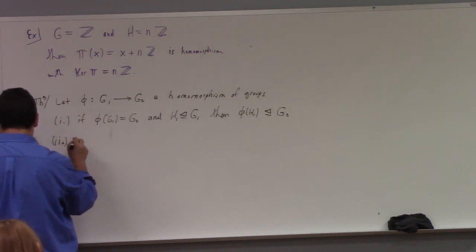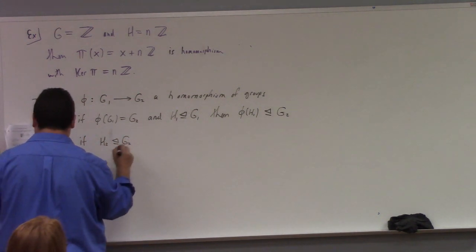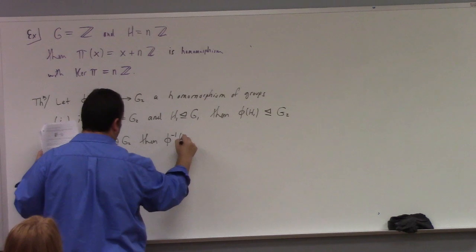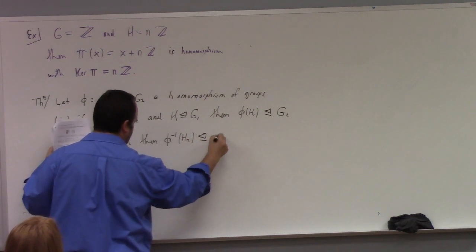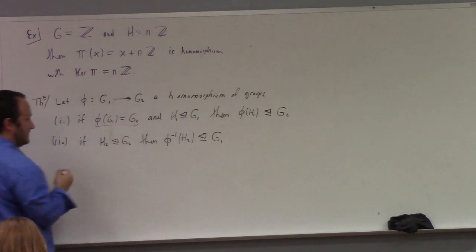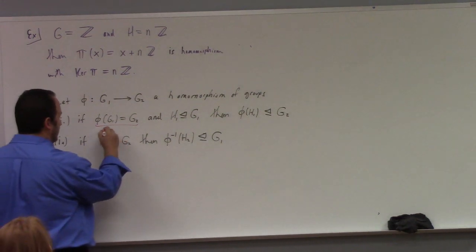What's the fine print I was talking about here? In contrast, the inverse image of a normal subgroup of the codomain is a normal subgroup of the domain, no condition on φ other than it be a homomorphism. I did need, what have I written here? What's this in words? Φ is onto, right? It's a surjection.